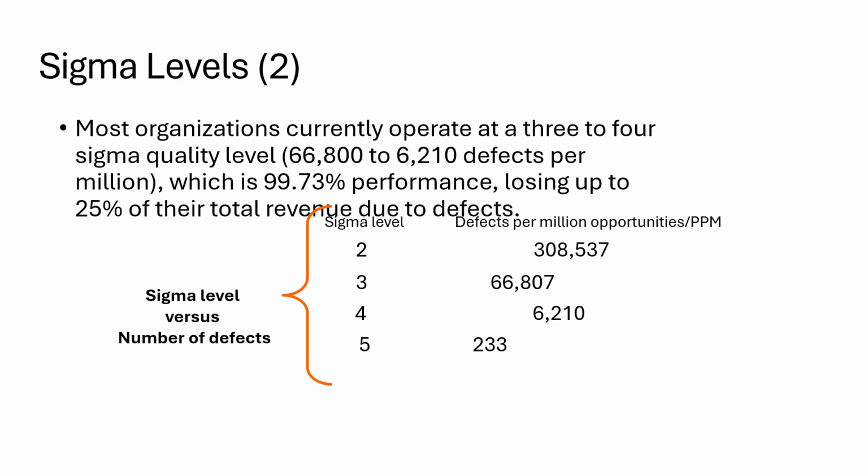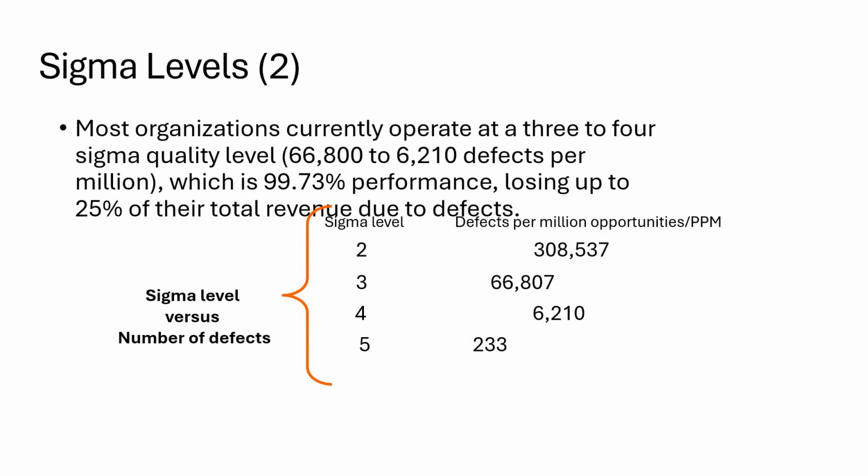However, you can also express this improvement as a significant decrease in ppm from 66,807 ppm to 6,210 ppm. So as you can see, as you move up in sigma levels, the less defects in your product or service.